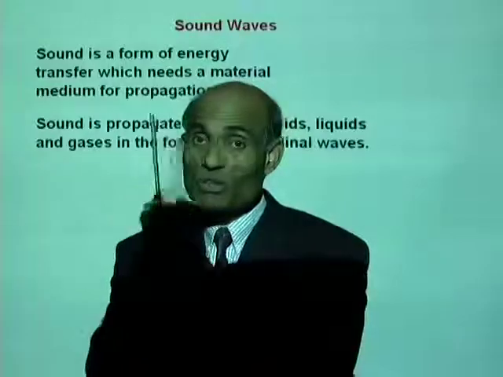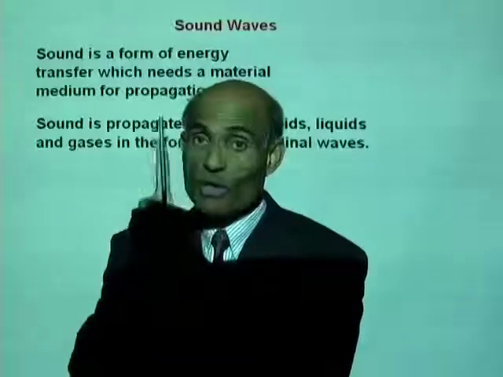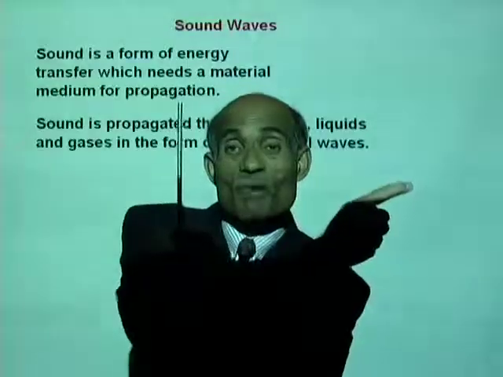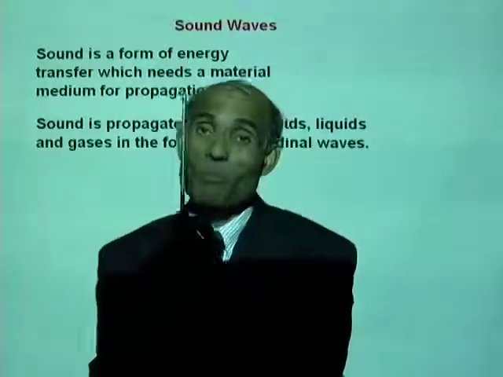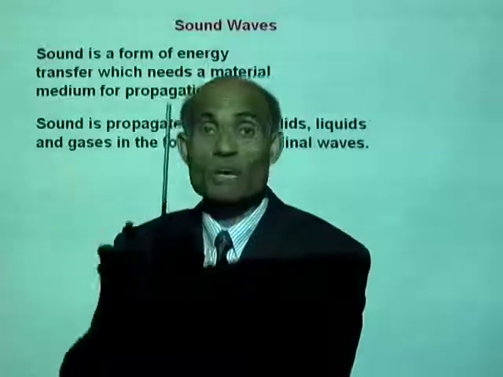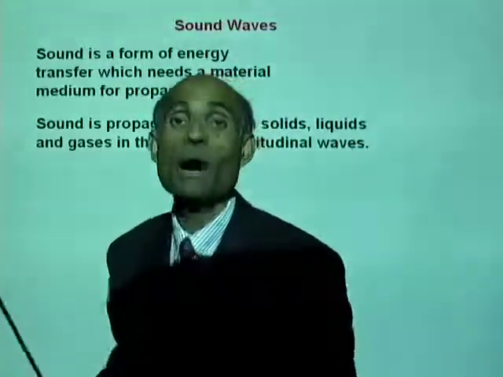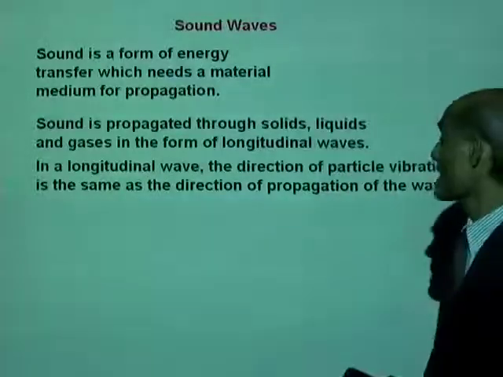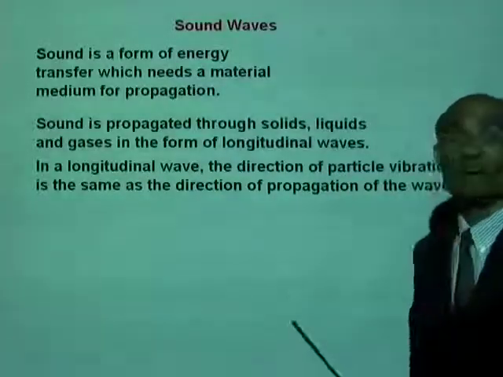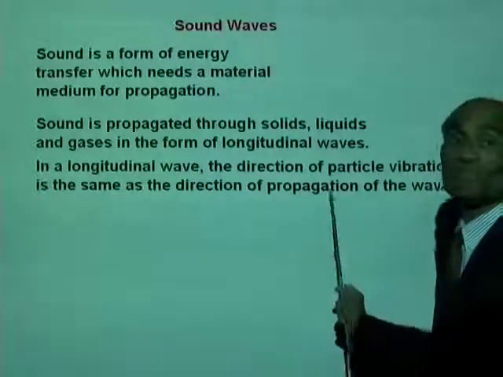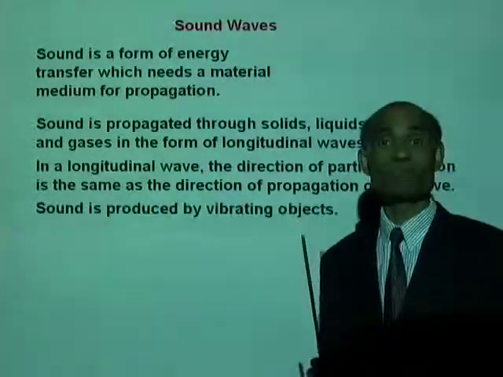Well, if the particle vibrates back and forth, a wave moves to the right as well as to the left. So the particle vibration and the direction of propagation of the wave are basically the same. In a longitudinal wave, the direction of particle vibration is the same as the direction of propagation of the wave.